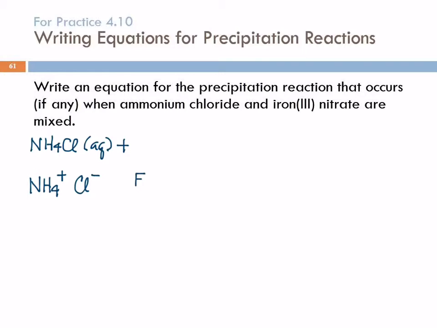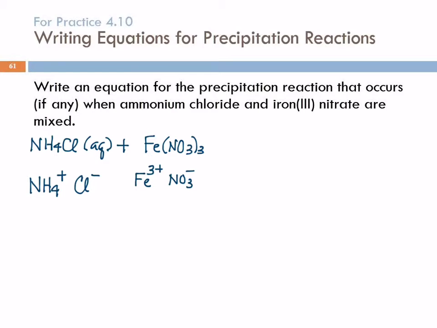So I need to write the formula for iron 3, that's Fe3+, and nitrate is NO3-. Just because that's what it is. And then I look at the two and their charges so that I know how to put them together. And I get Fe(NO3)3. I need 3 of the nitrates to balance the charge on the iron 3.